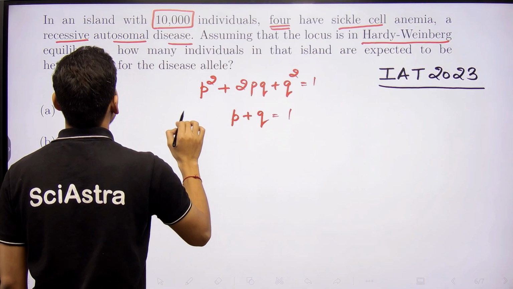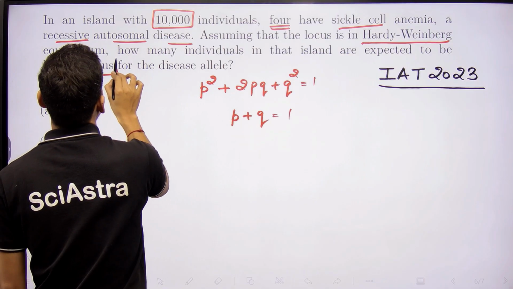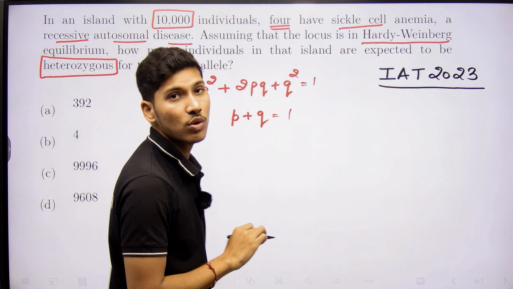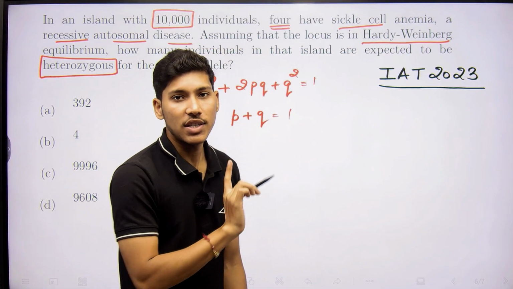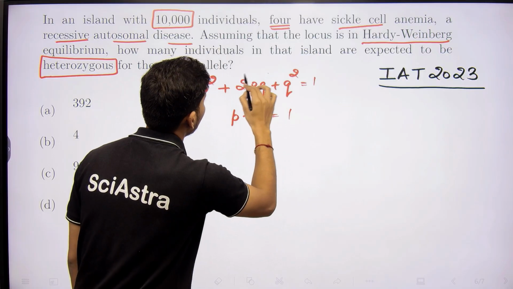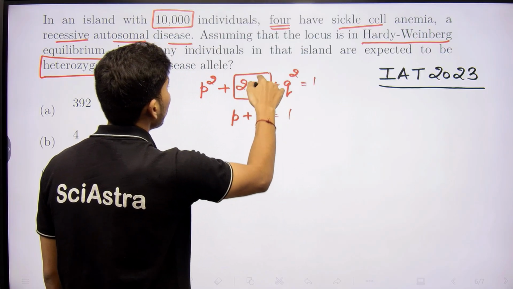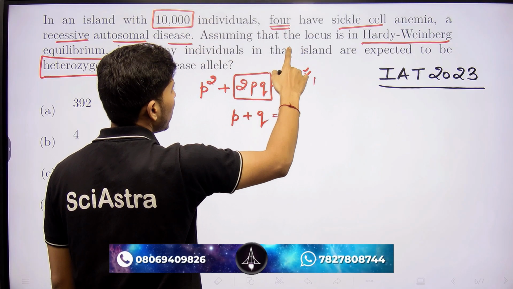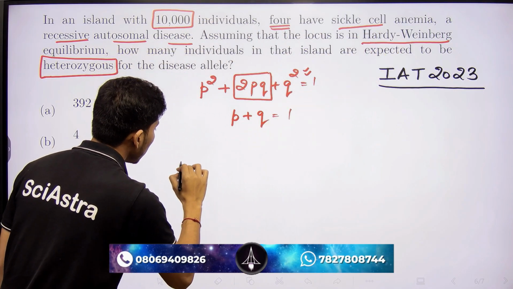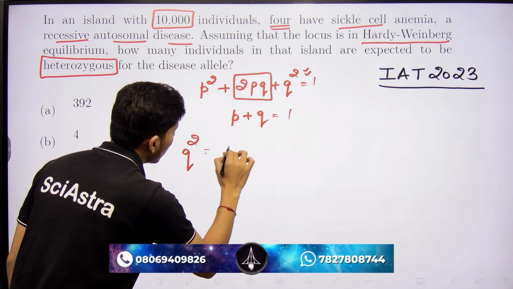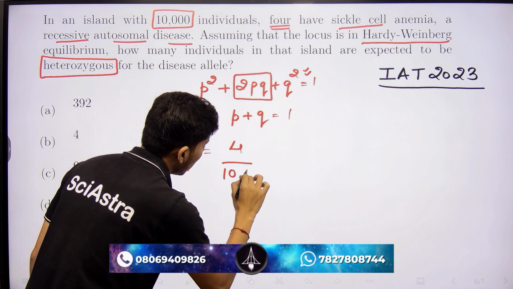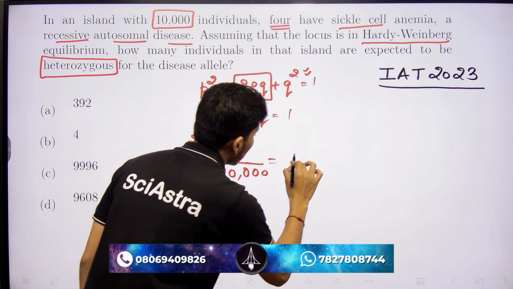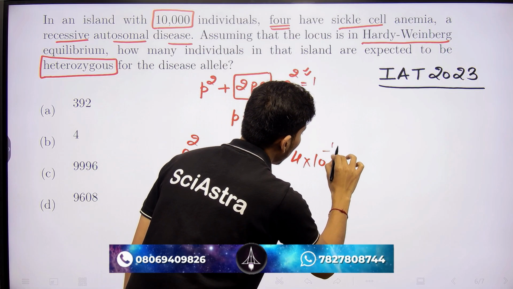Now they are asking how many of them will be heterozygous for this disease. So basically they are asking about this 2pq, and they have given us the information about this q squared. They are saying that 4 out of 10,000 individuals have sickle cell anemia, which means q squared is equal to 4 upon 10,000, which comes out to be 4 into 10 to the power minus 4.